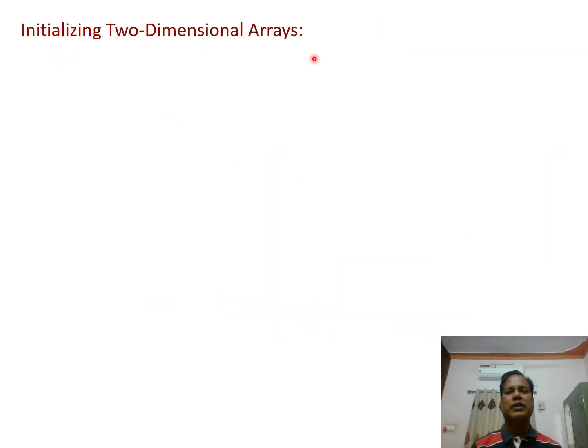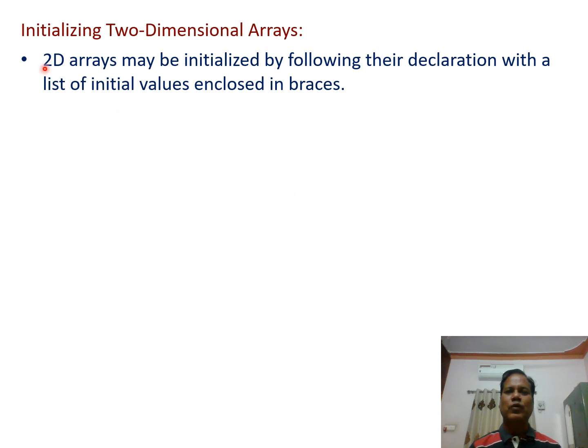Initializing two-dimensional array. Let us see how two-dimensional arrays are initialized. 2D arrays may be initialized by following their declaration with a list of initial values enclosed in braces. So this is one way to initialize two-dimensional arrays.